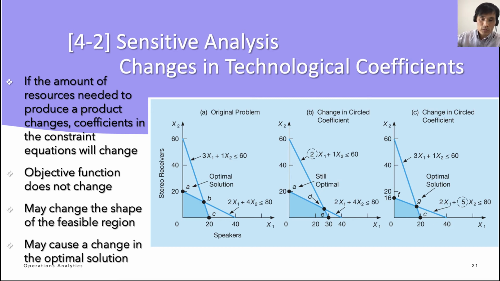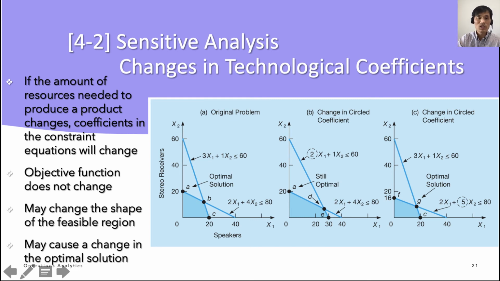The objective function stays the same, and we realize that this point is giving you higher profit than this point, so the solution changed from point B to point G. So it's not point F or point C, but point G, because it's higher than that, and the objective function is maximizing the profit at point G, right?